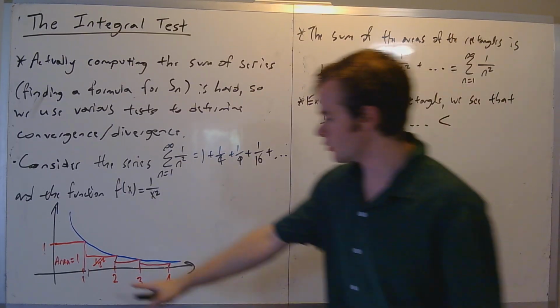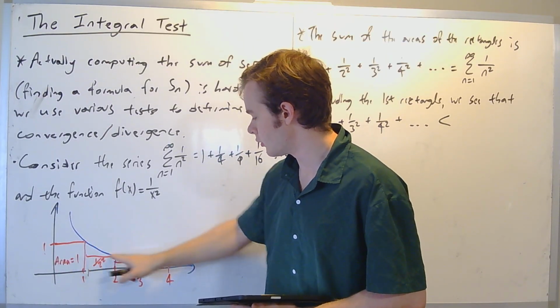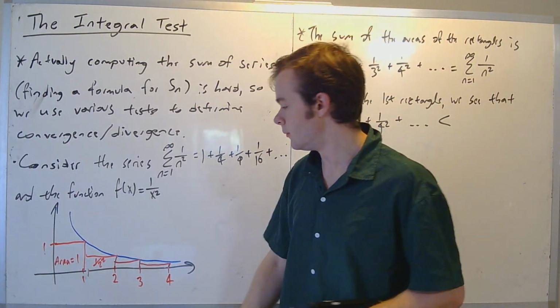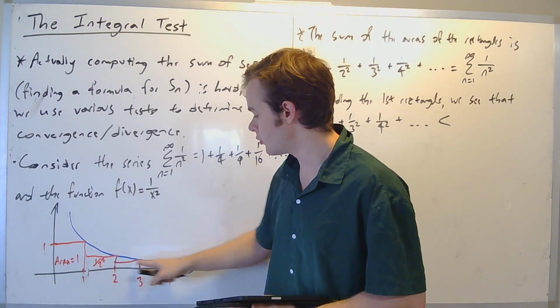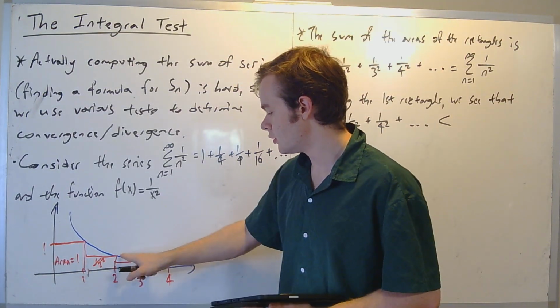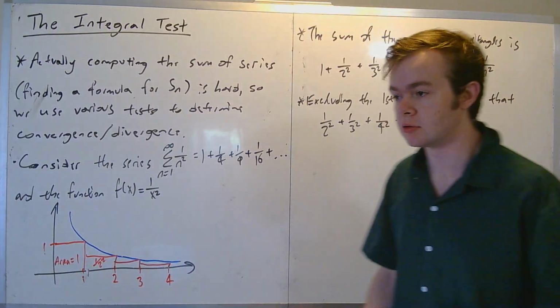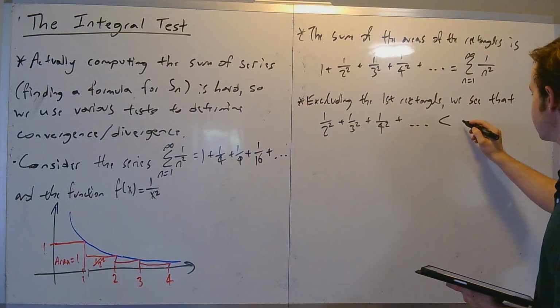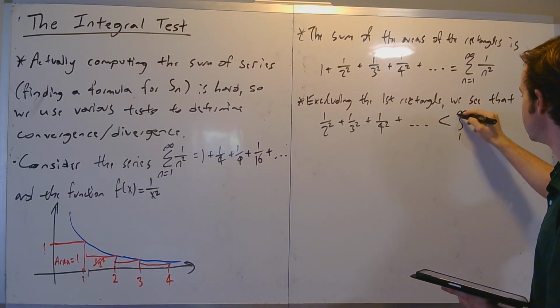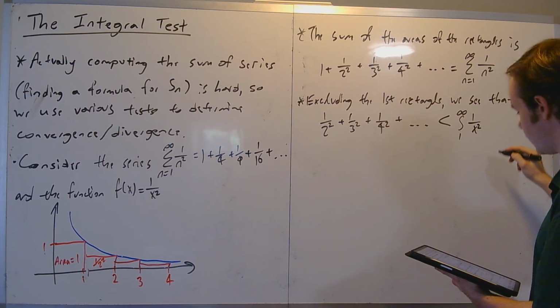Notice that the area under the function is the integral. The area under the blue graph is the integral from 1 to infinity of this function, and we know that the area of the red boxes is smaller than that. So this is less than the integral from 1 to infinity of 1 over x squared dx.